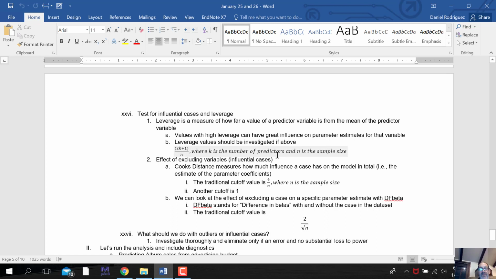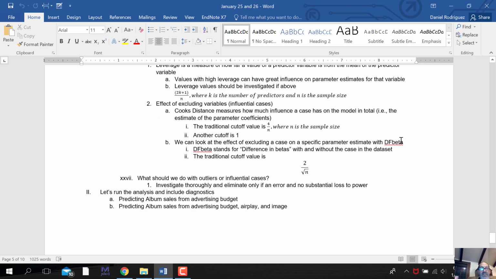Leverage values, you'd want to investigate them if they are above this heuristic, 2k plus 1 divided by n, where k is the number of predictors. So there's all these heuristics that have been found to indicate what we should look at. Again, it doesn't mean we're going to remove that case. We just want to look at it, investigate it.